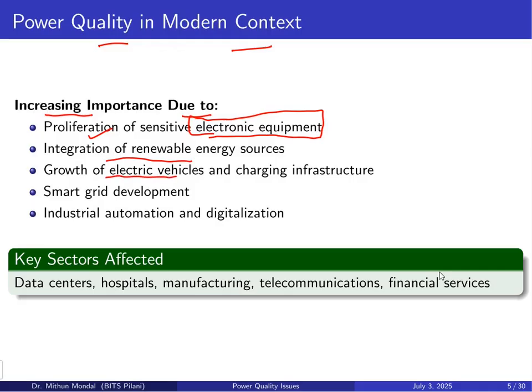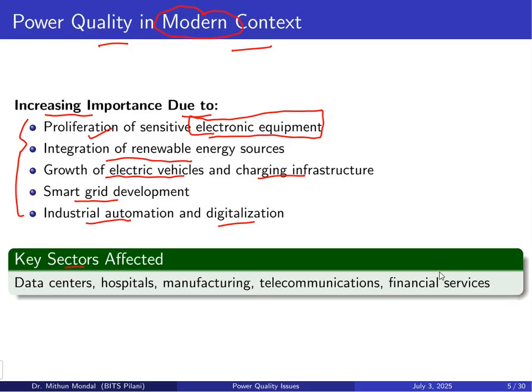We have a tremendous growth of electric vehicles and the charging infrastructure, which are causing power quality issues. There is development of smart grid, industrial automation, and digitization. So in the modern context, the development of the various infrastructure, technologies, integration of the different aspects of the power, and use of new types of equipment have all resulted in issues caused to the power quality.